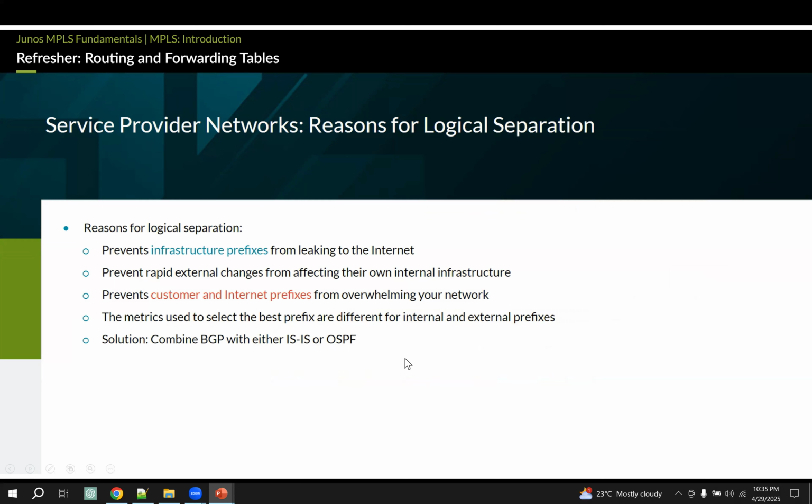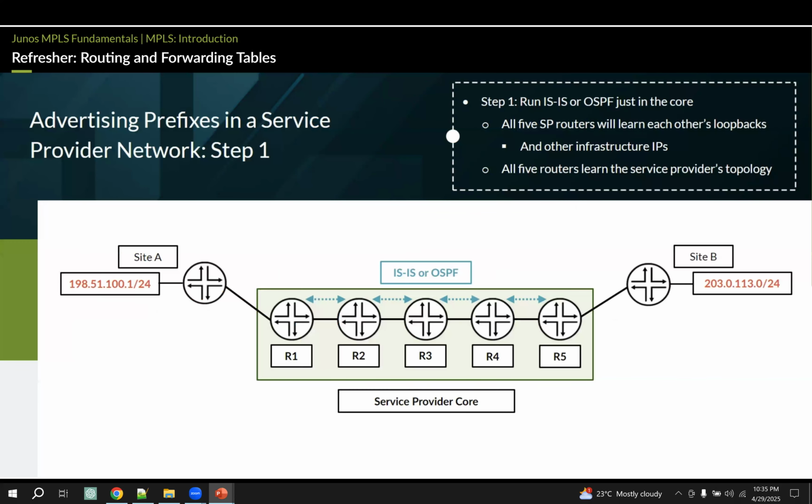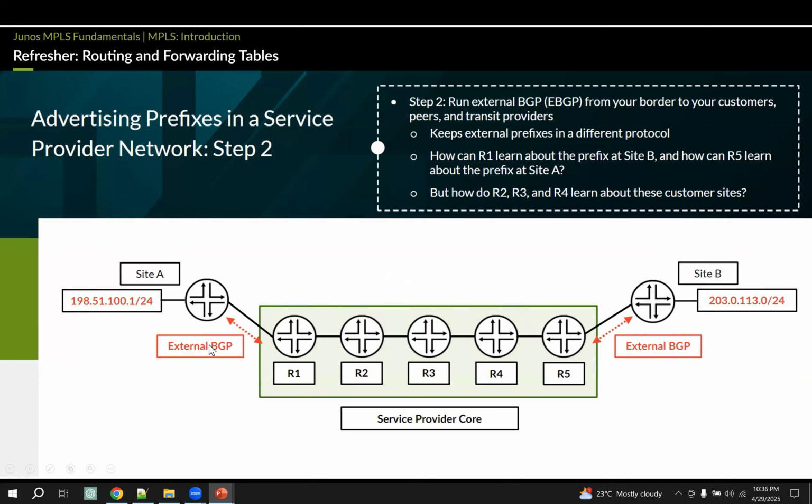Consider BGP along with ISIS or OSPF. That means as an IGP, you can choose OSPF or ISIS, and over the IGP you should use BGP. So ISIS or OSPF is the topology.